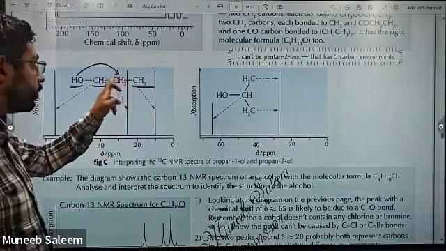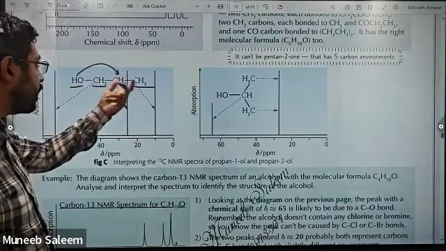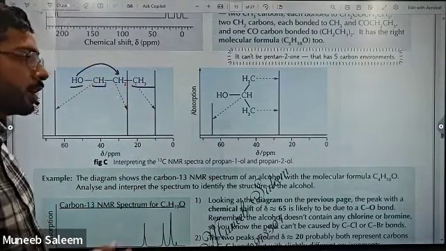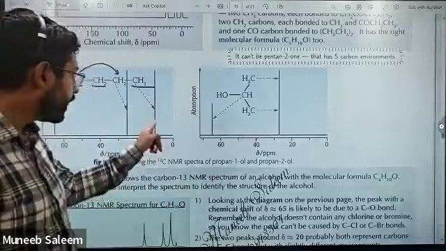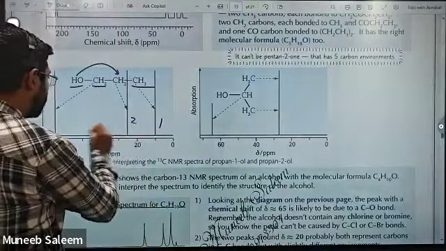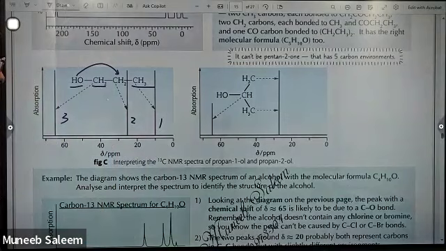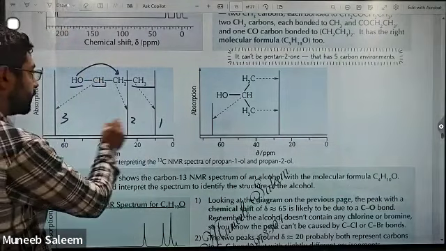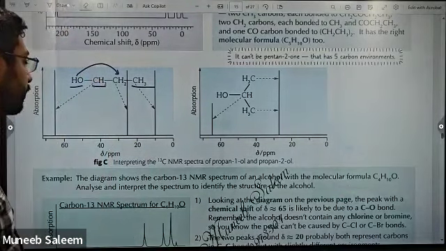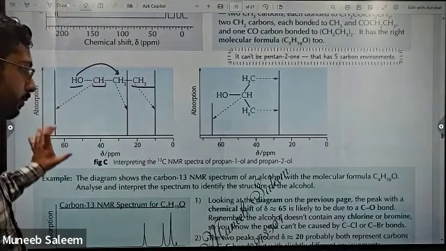So in this way, on the basis of the distance from the OH group, all these three carbon atoms are chemically different from each other. That's why we have three different peak values. Now you have to identify which peak value belongs to which carbon atom. For this case, you need to check the values from the table.